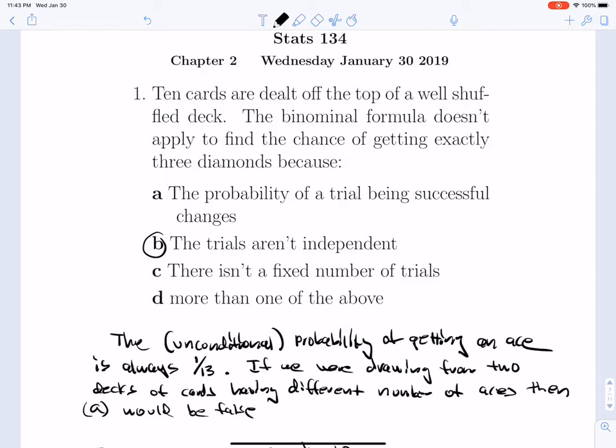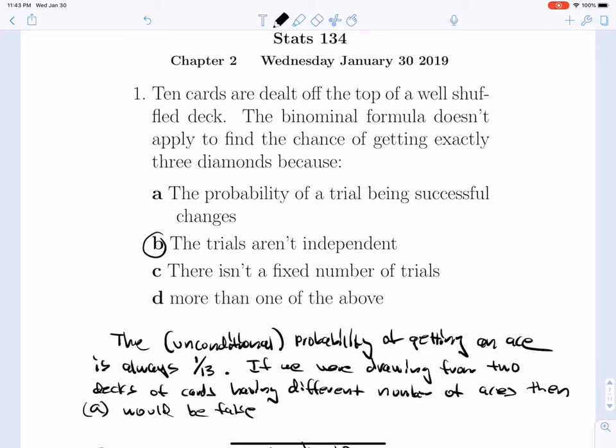Of course, if I condition on what happens before or after, then that would be something else, then it would change, but I'm not conditioning. So just remember that when we say the probability is always the same for all the trials, we mean the unconditional probability.